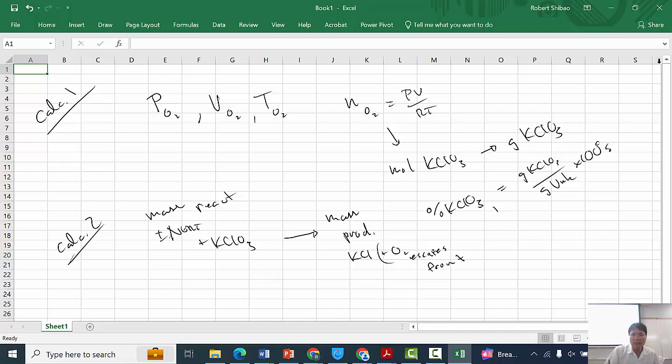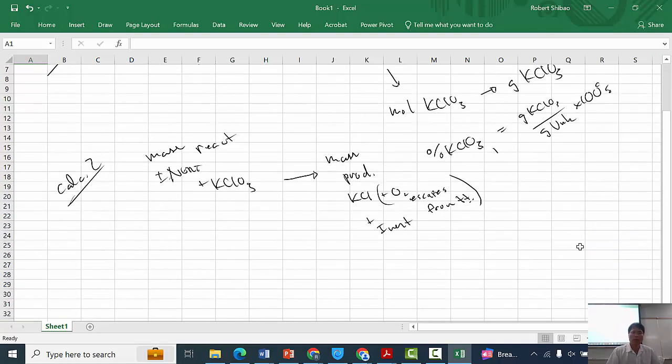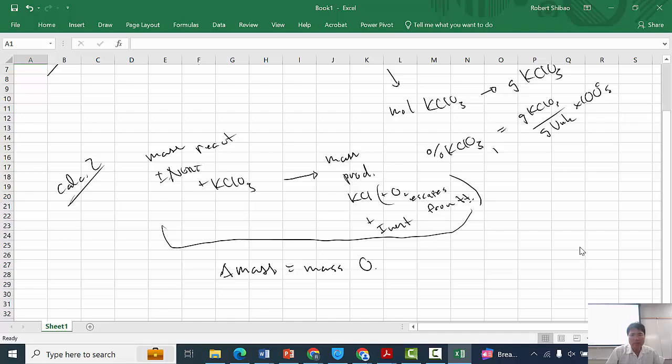So we measure the test tube (TT stands for test tube) plus inert. The change in mass, delta mass, is equal to the mass of oxygen that escaped.